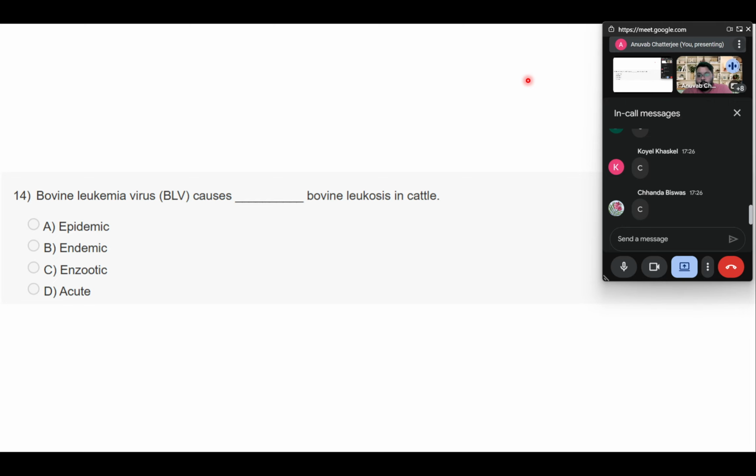Next, bovine leukemia virus, BLV, causes blank bovine leukosis in cattle. Epidemic, endemic, enzootic, or acute.